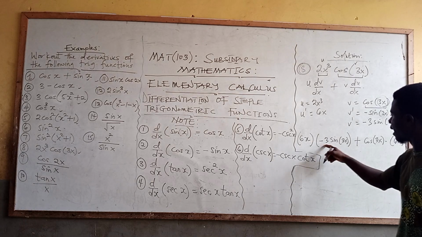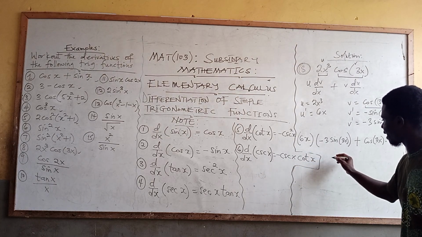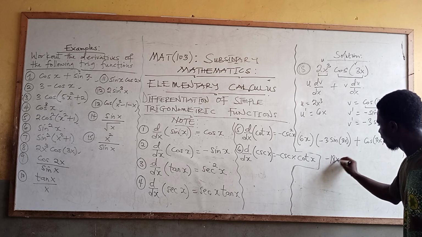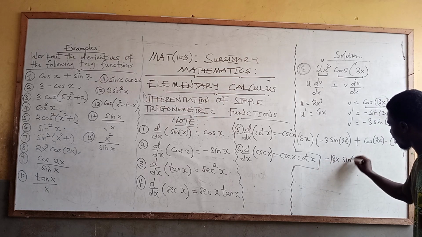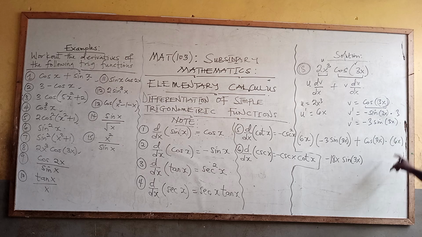So we can get negative 3 times 6x, which is negative 18x sine 3x. Then plus this guy, you get 6x cos 3x. So we have this, which is very, very simple and very, very trivial as well.